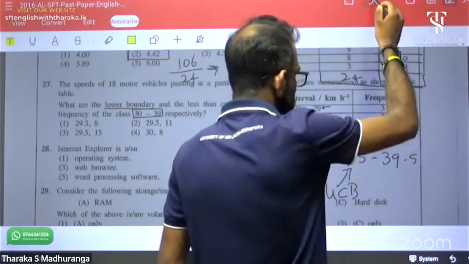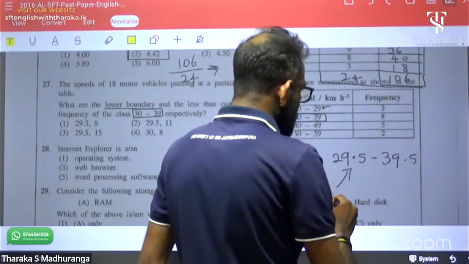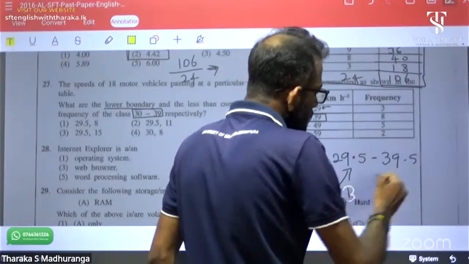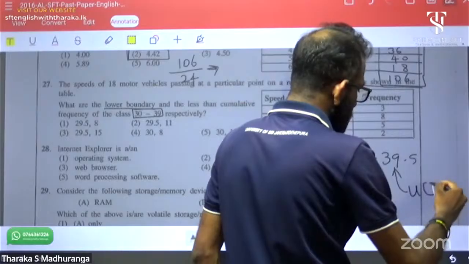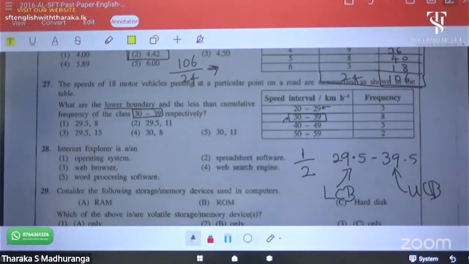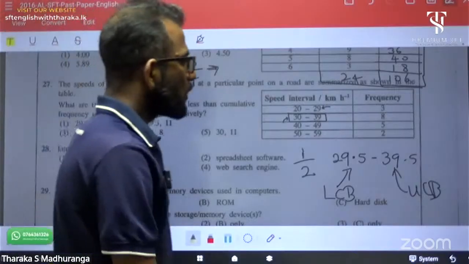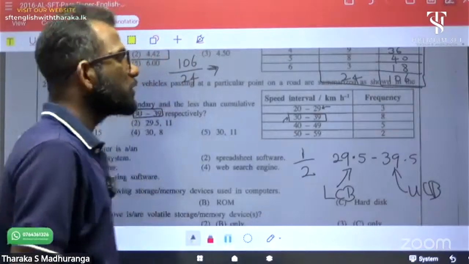Sorry, LCB. 29.5 is the LCB, lower class boundary, and 39.5 is the UCB, upper class boundary. Now you got the answer: lower class boundary 29.5.